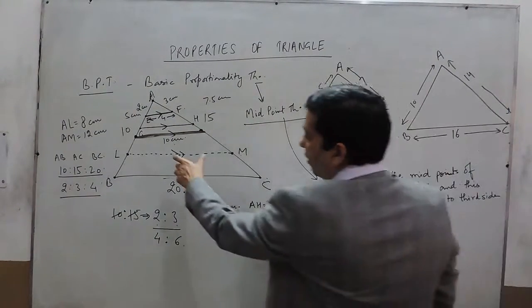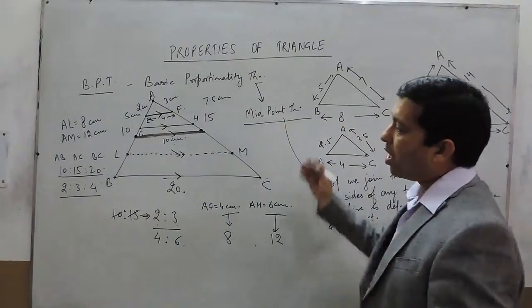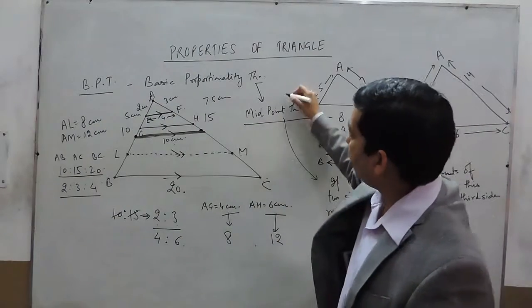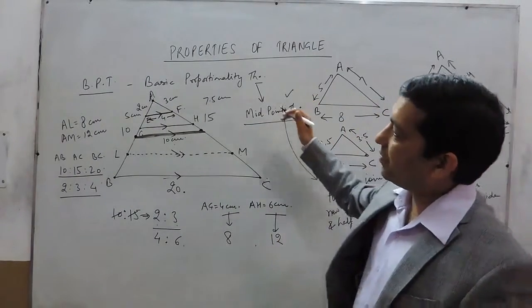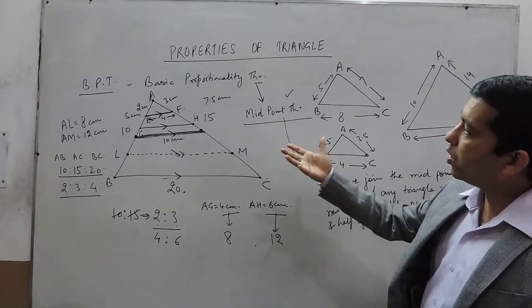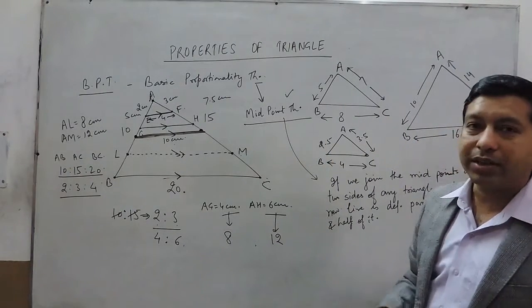As we already know that we have divided the sides in the ratio of half to half, this will be half of the third side. This is known as the midpoint theorem, which is a specific case of the basic proportionality theorem. In the next classes, we will solve questions based on these theorems.